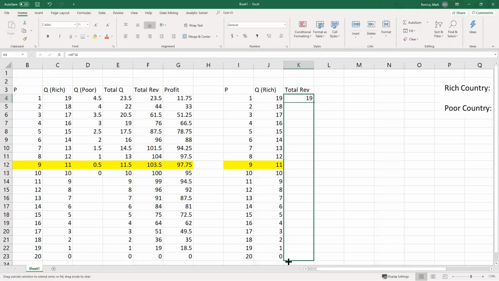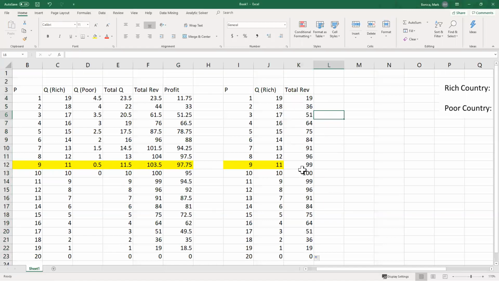I can copy that down. And we can see it maxes out. You can see that the maximum revenue is at 10.